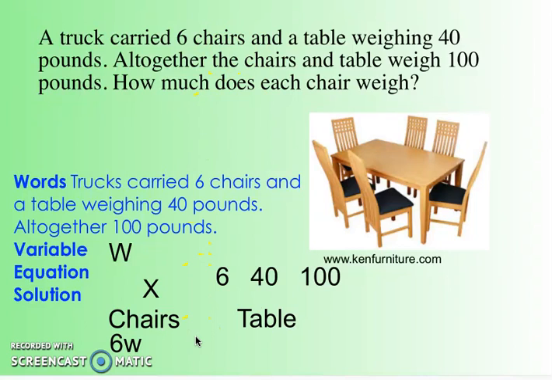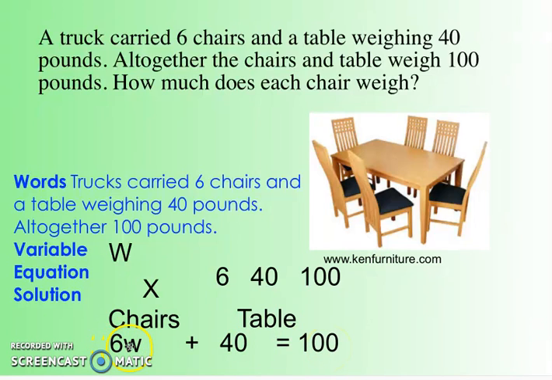All together means that we are adding them. We're putting them together. And so 40 pounds is the table. And then it says altogether they are weighing 100 pounds. They weigh 100 pounds. So that is my total, and I'm going to put an equal sign to show my total. So I'm trying to find 6 times something plus 40 equals 100. Well, what plus 40 is 100?